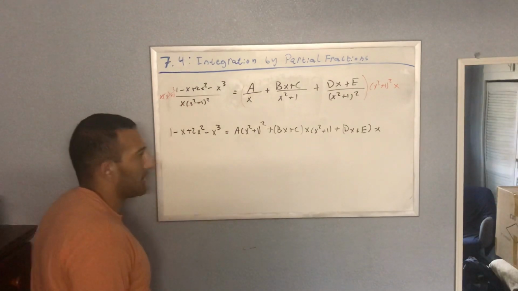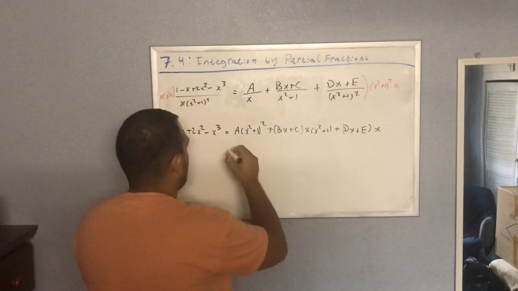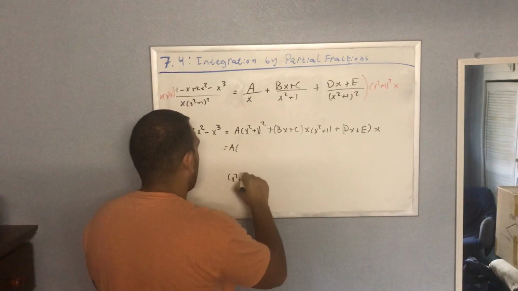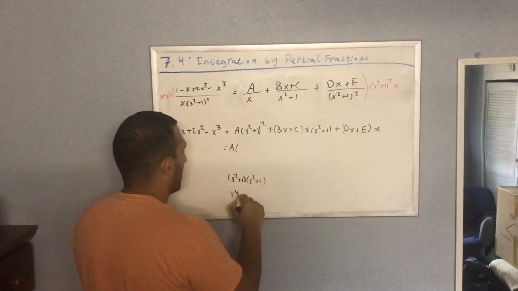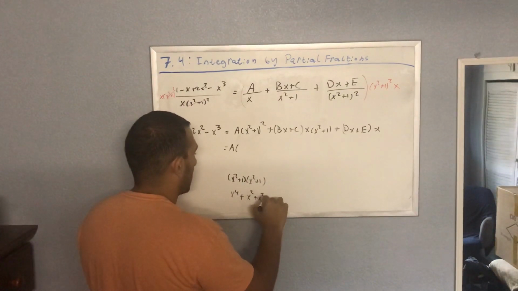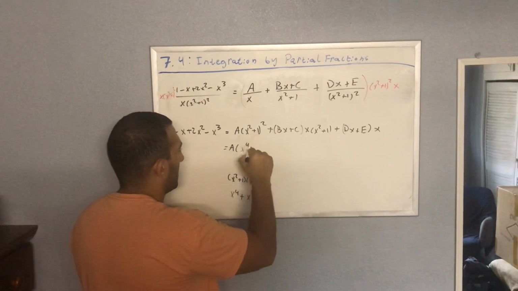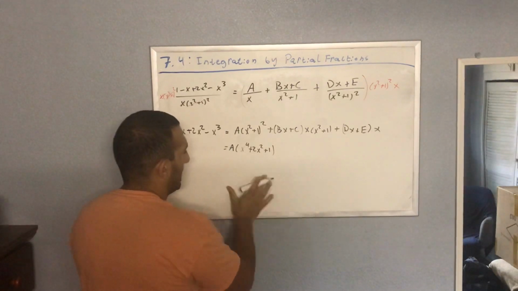So let's look at this right side. Let's expand it out. So this is a times, so x squared plus 1 times x squared plus 1 is x to the 4th plus x squared plus x squared plus 1. So when you combine this, this is 2x squared plus 1. So that's what we have here.